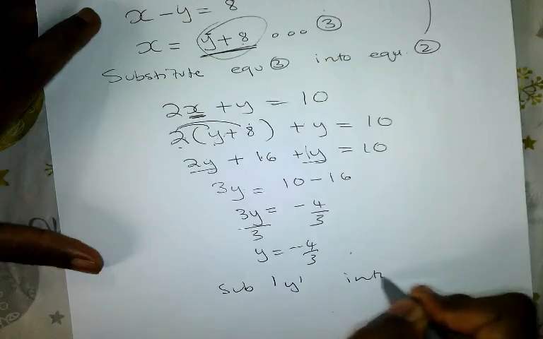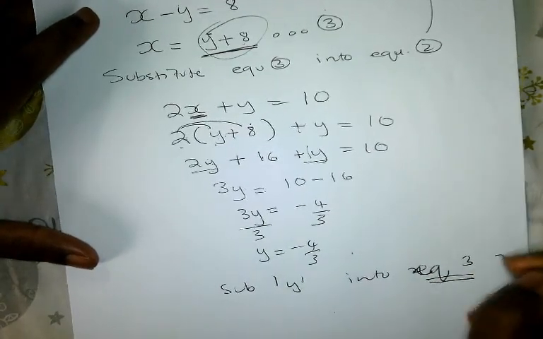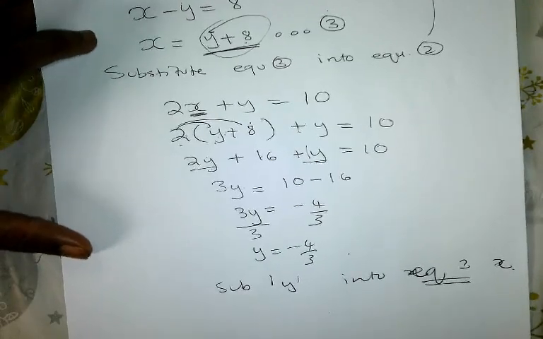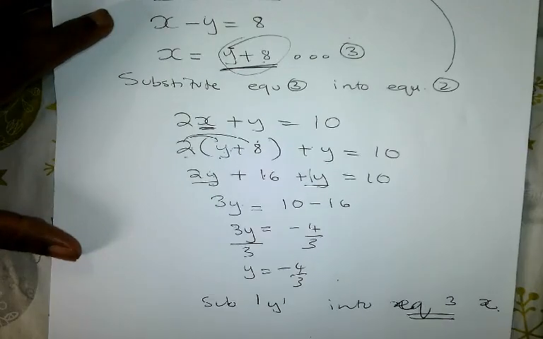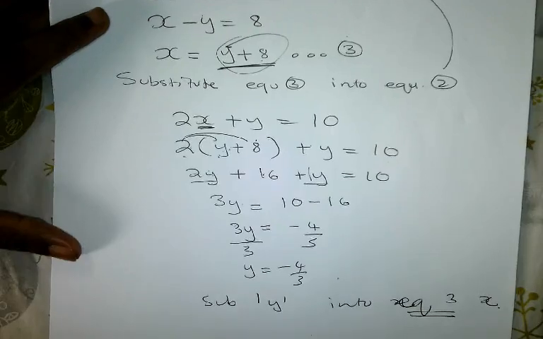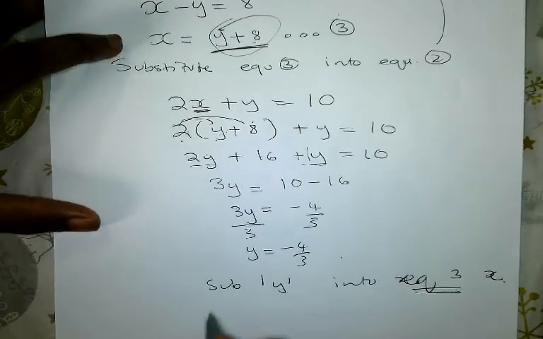Let's see what we're going to get. So in the equation 3, we made it as x equals to y plus 8. In the place of y, I'm going to put minus 3 plus that. And press that on a calculator.